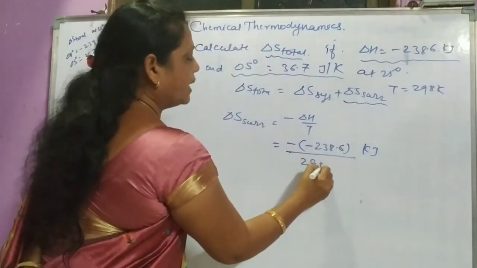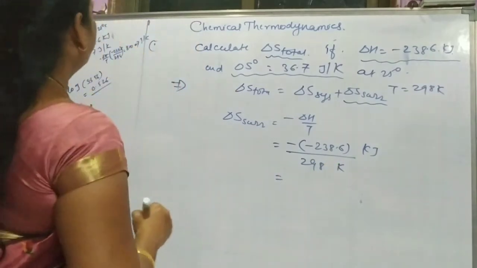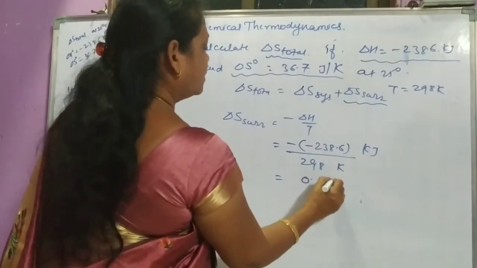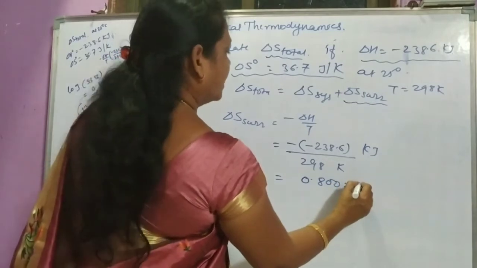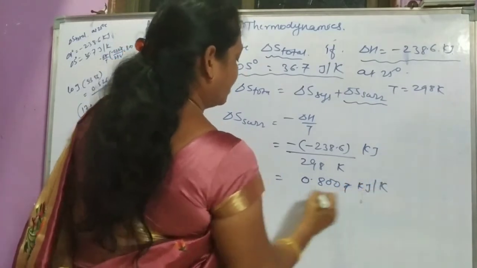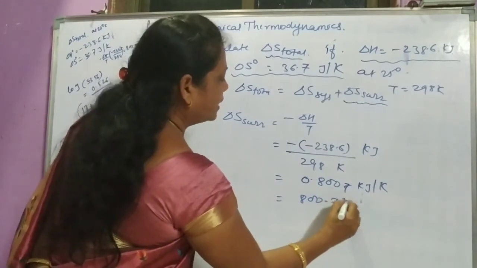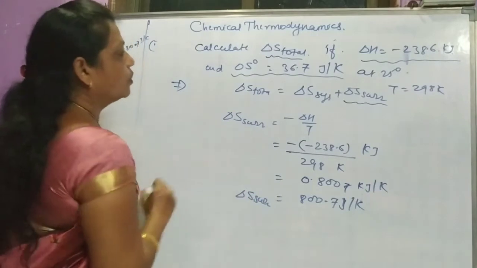This is equal to 0.8007 kilojoule per Kelvin, that is 800.7 joule per Kelvin. This is del S surrounding.